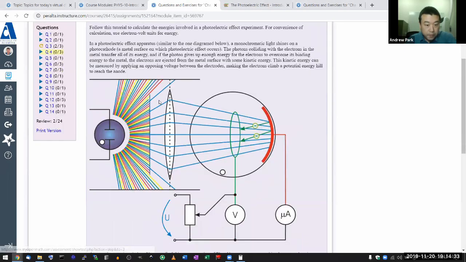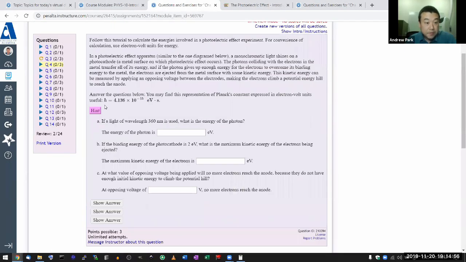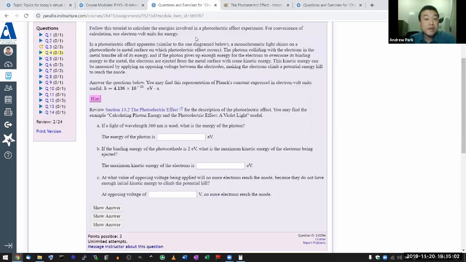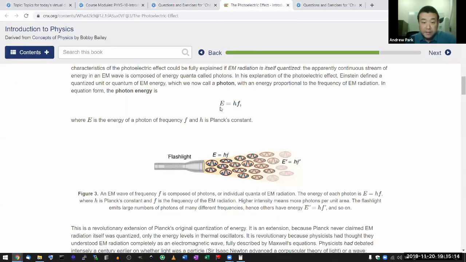Question 4 says, follow this tutorial to calculate the energies involved in a photoelectric effect experiment. And the hint says review section 13.2. The reason I do that is to have you, one, find this formula for the photoelectric effect.